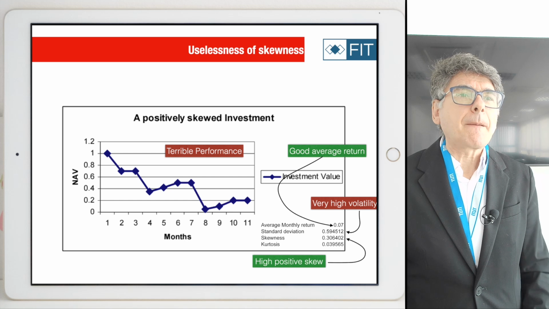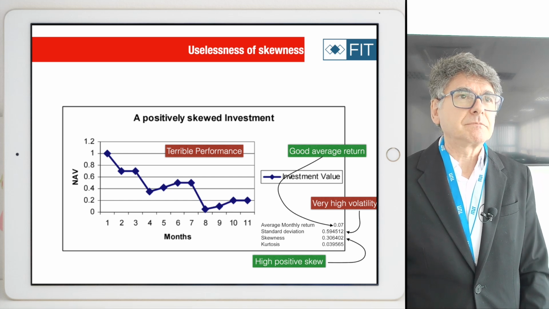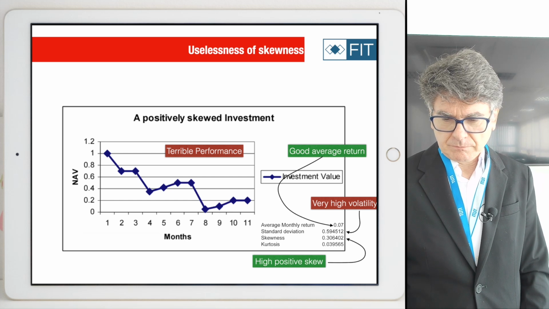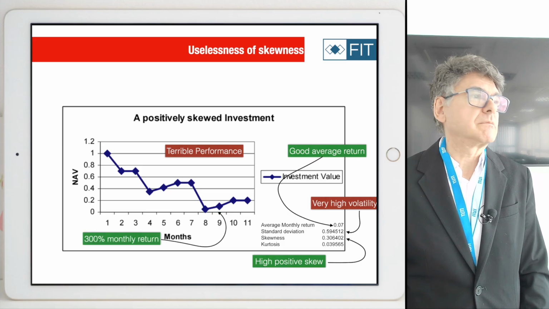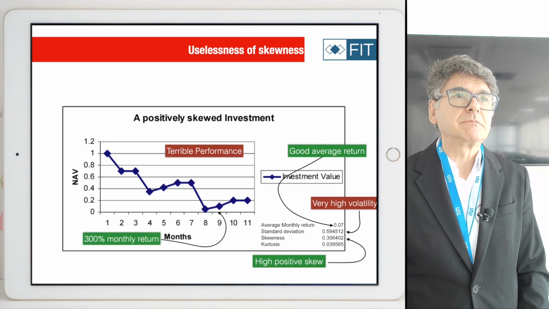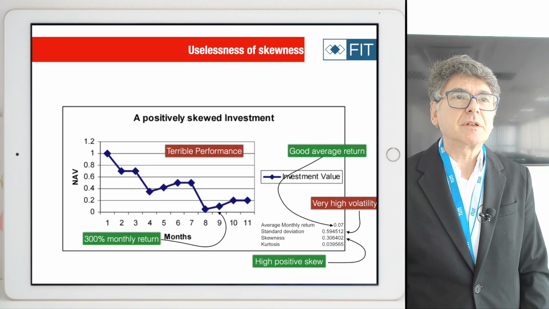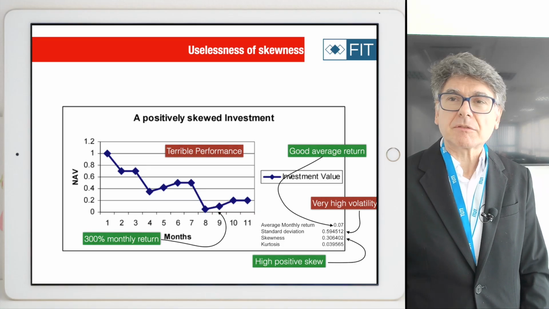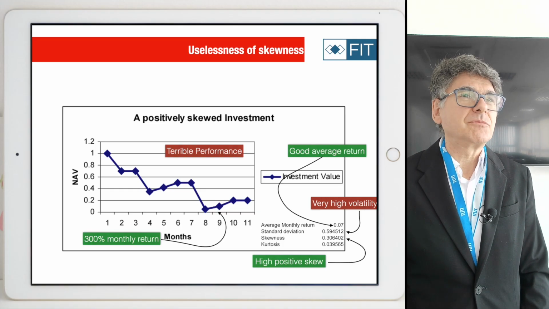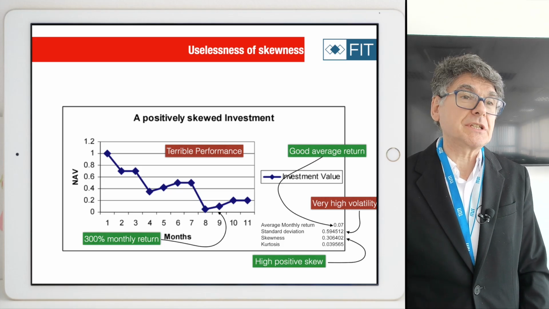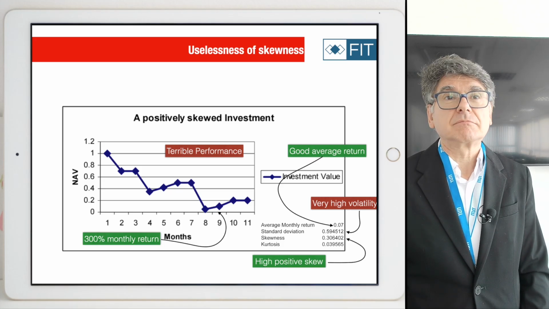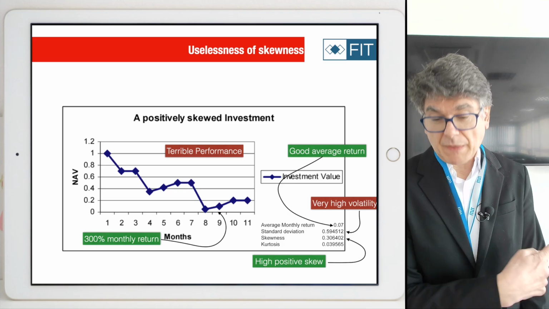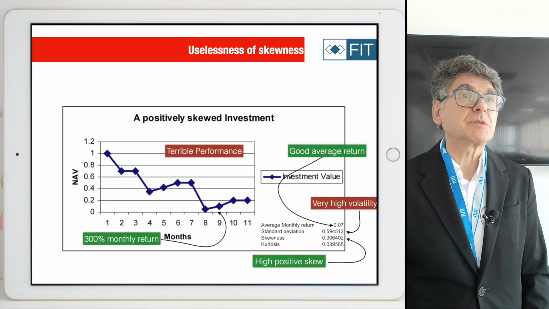What's the best month? That one. 300% return. You're from near death to less near death. You went from 10 cents to 30 cents. That gives you a 30% return. By the way, that month makes the skewness positive.